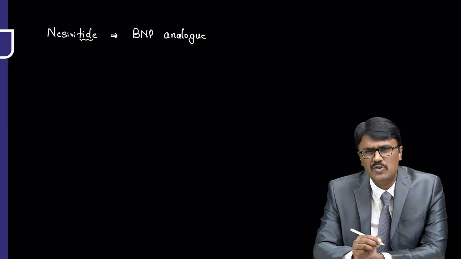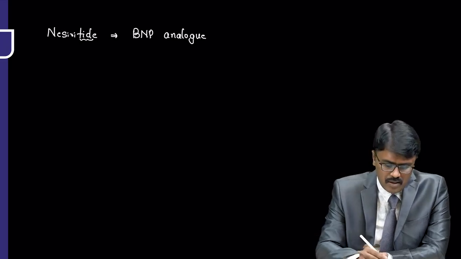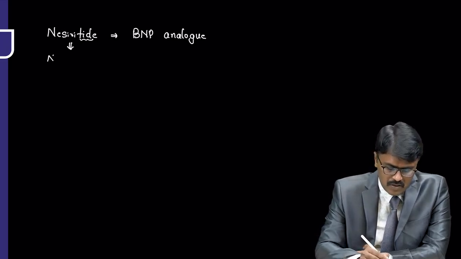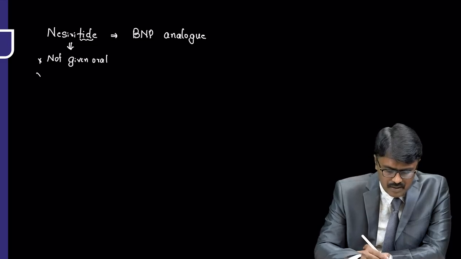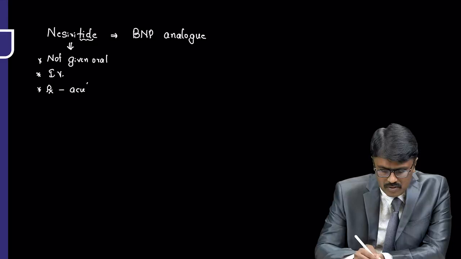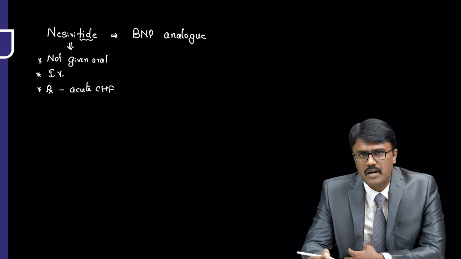In pharmacology, usually drugs ending with tide are peptides and not given orally. This is not given orally, and obviously it's an emergency. It is given IV and it is used to manage emergencies such as acute CHF. So that is the specialty.